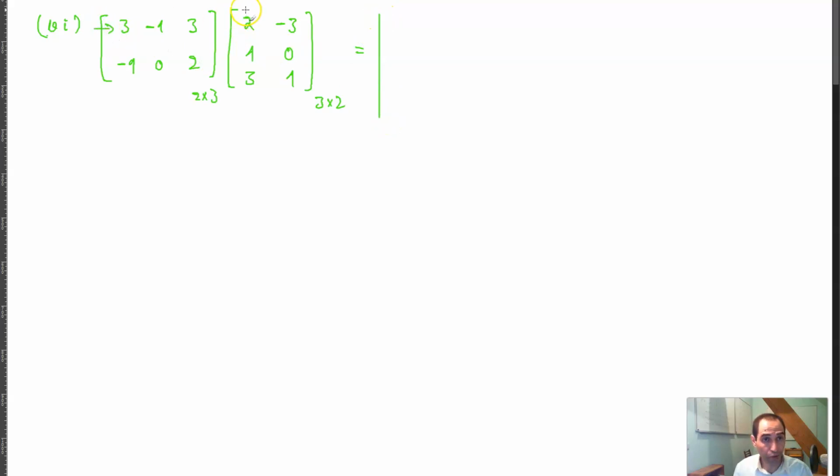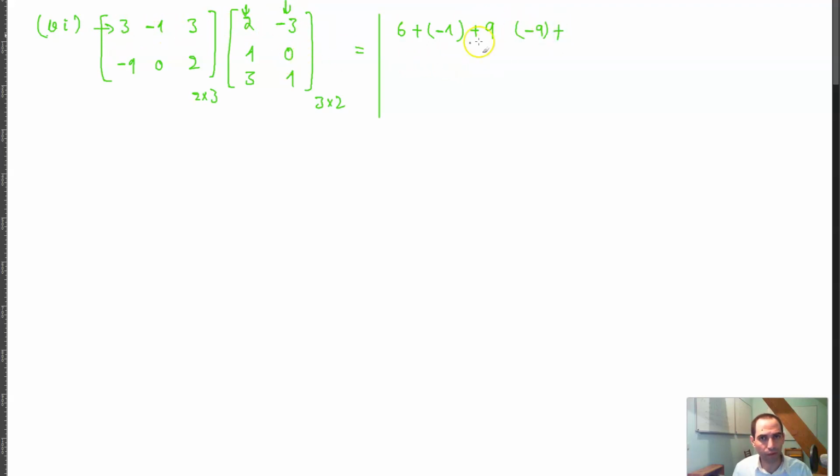Now this row times this column is equal to 3 times 2 is equal to 6. -1 times 1 is equal to -1. And 3 times 3 is equal to 9. Then this row times this column gives you 3 times -3 is equal to -9.